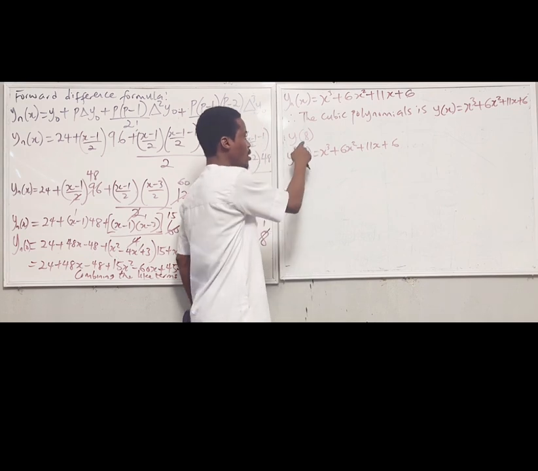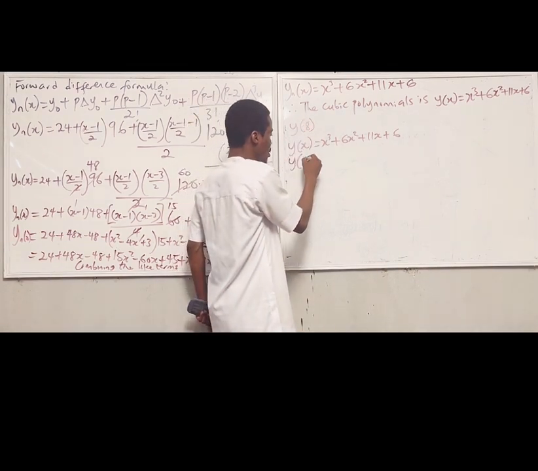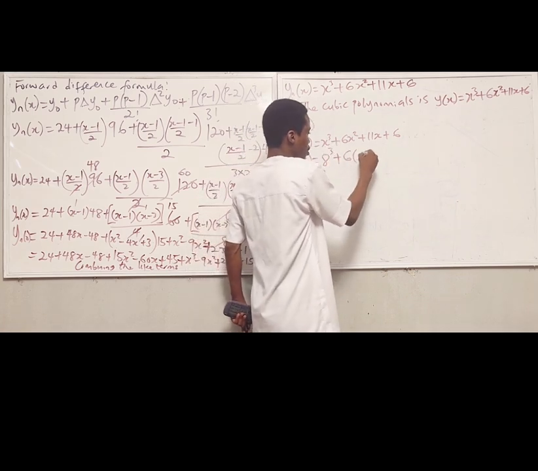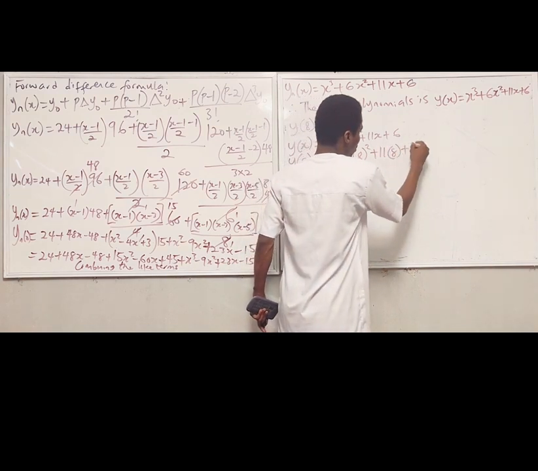So my y of 8 means whenever I see x, I'm going to put 8. My y of 8 will now be 8 raised to the power of 3 plus 6 into 8 raised to the power of 2 plus 11 into 8 plus 6.